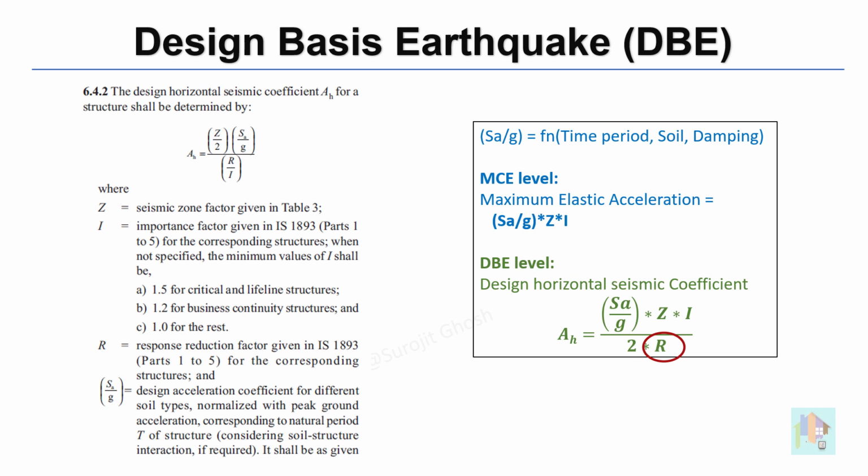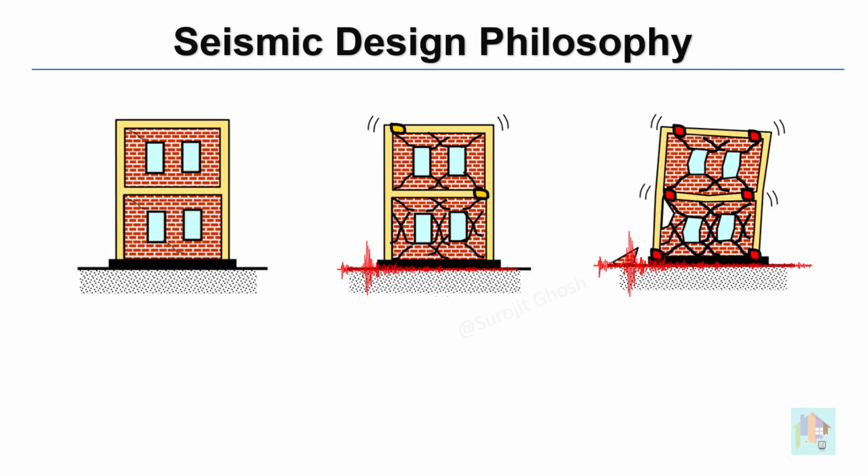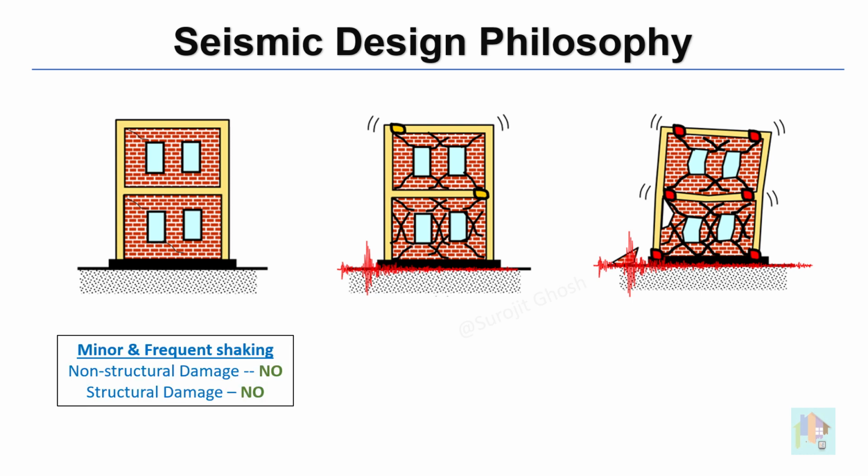Before I explain this, let's revisit one important design philosophy of seismic analysis. We always assume that a structure can damage during a moderate or strong earthquake, else the structure will be uneconomical. Any structure should be designed for earthquake in such a manner that for minor and frequent earthquakes, there should not be any damage.